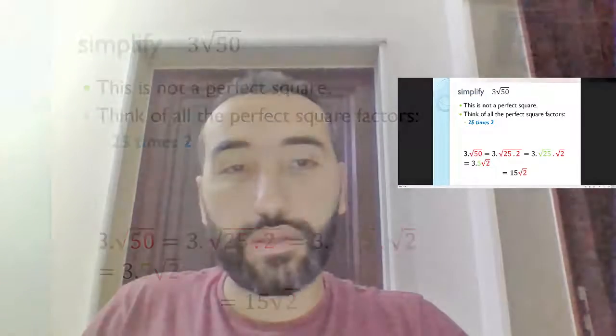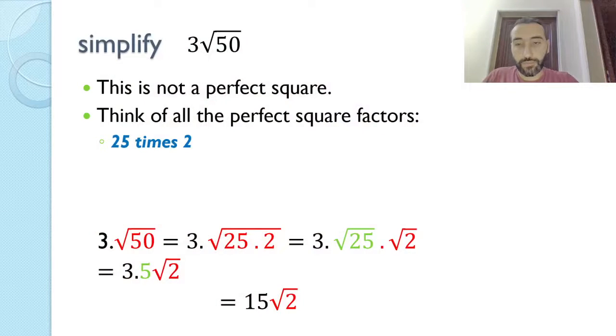Okay, هيا شفتوها: 25 times 2, so it's equal 3 times radical 25 times radical 2. يعني لاحظت شو صار هون؟ radical 50 كتبناها radical 25 times 2 وال 3 خليتها outside، هيدي times ها. بعدين 3 times radical 25 times radical 2. طيب radical 25 is 5. Okay, و3 times 5 هي 15. ماشي؟ فإذا it is 15 radical 2 and we are done.